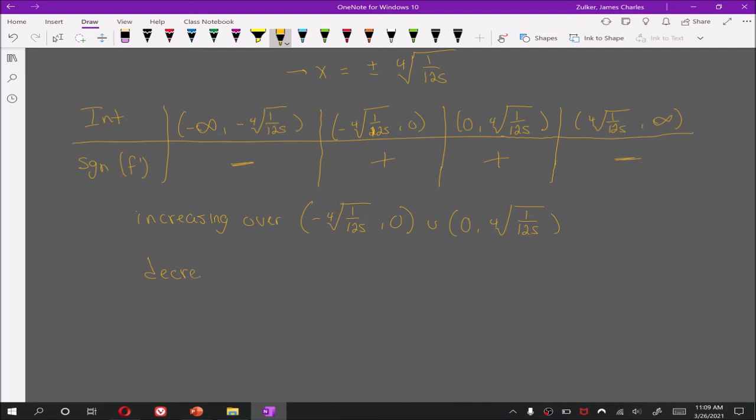We are decreasing over negative infinity to negative 4th root of 1 over 125, and 4th root of 1 over 125 to infinity.